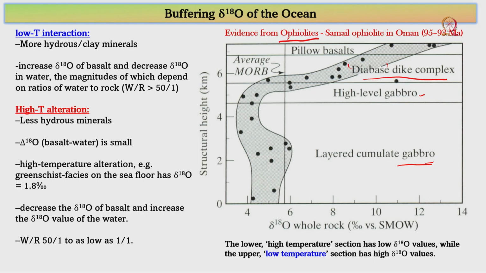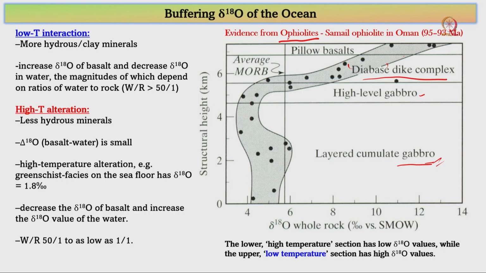So, it is a diabase dike complex. This shaded area is called the dike, and it is mostly from the entry of magma, which formed much later, after the gabbro and the rest of the structure was formed.